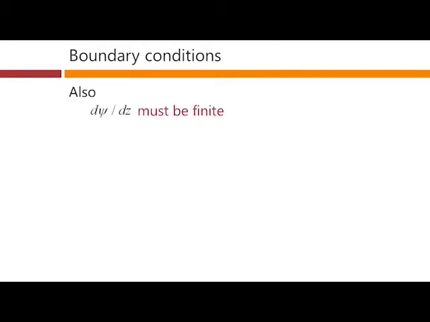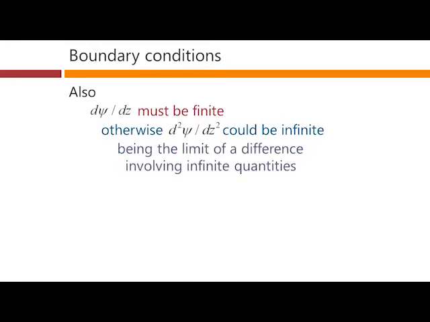Also, dψ/dz must itself be finite. Otherwise, d²ψ/dz² could be infinite. If this was not a finite function, it could be an infinite result that we would get for the second derivative, because it's the limit of a difference then involving infinite quantities.